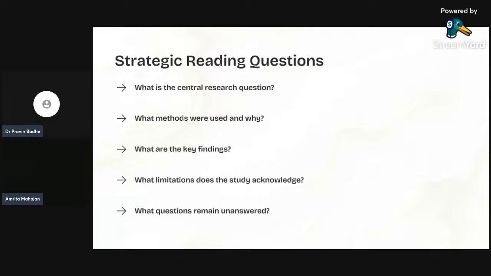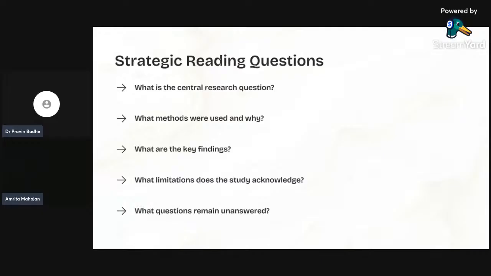Then come the strategic reading questions. You have to ask what the central research question is, what exactly they are trying to find out and what exactly they are providing, and then what methods are used and why that particular method is being used, why not the alternative one. You have to find those questions out. And then, what are the key findings in that paper? What are the limitations?